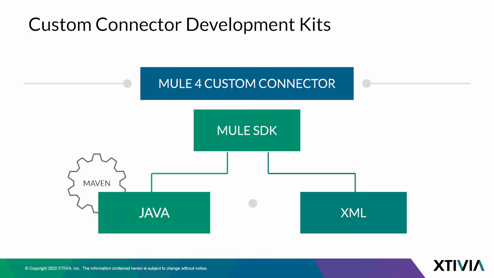One is the Java-based SDK approach, and the other one is the XML-based approach. Generally, people prefer to go with the Java because it is more powerful and can solve complex business use cases. In comparison, XML has its limitations. So for this webinar, we're going to go with Java.